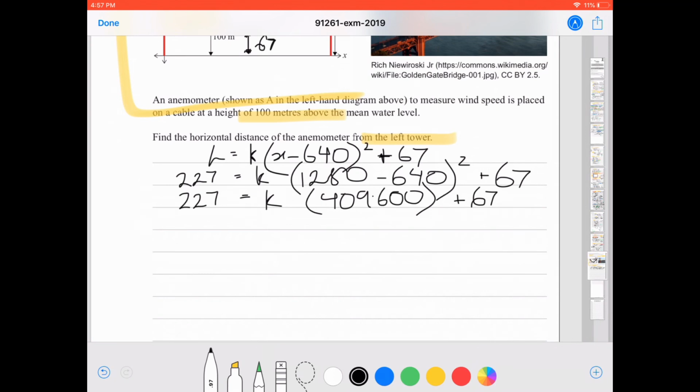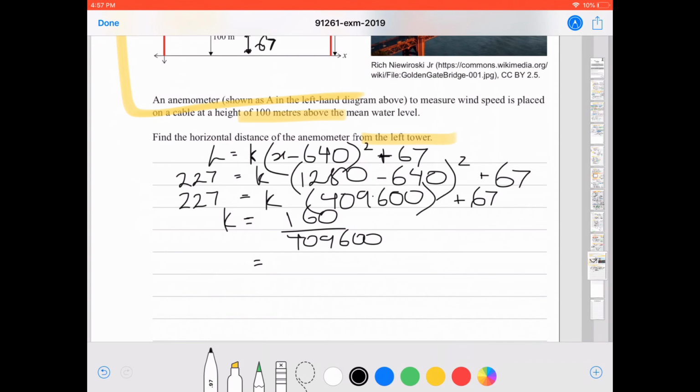Okay, we're trying to get k on its own. We can take the 67 to the left hand side. 227 minus 67 is 160, and so k equals 160 over 409,600.